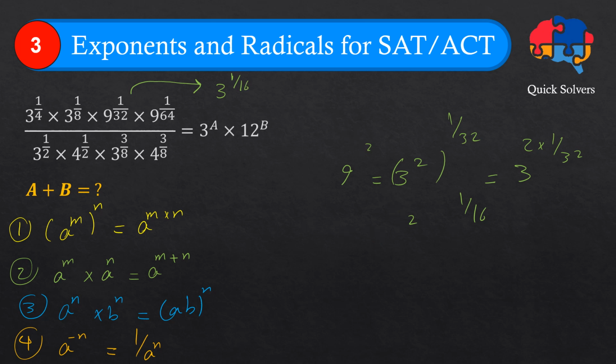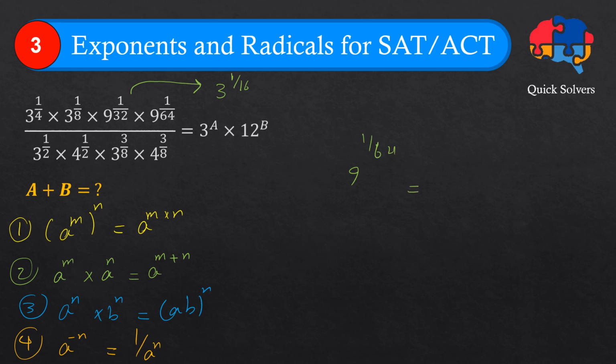The next term is 9 to the power of 1 over 64. Again, I need to think whether I can write it as 3 to the power of something or 12 to the power of something. Well, it's 9. Again, I can follow the same rule, write it as 3 to the power of something. So we have 9 to the power of 1 over 64.